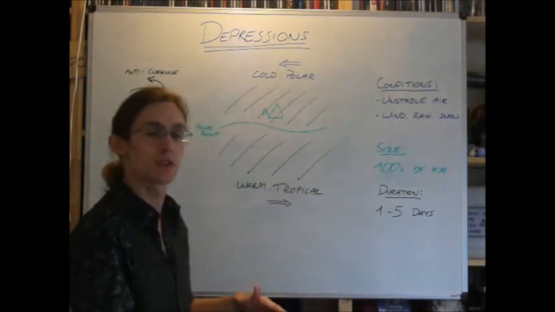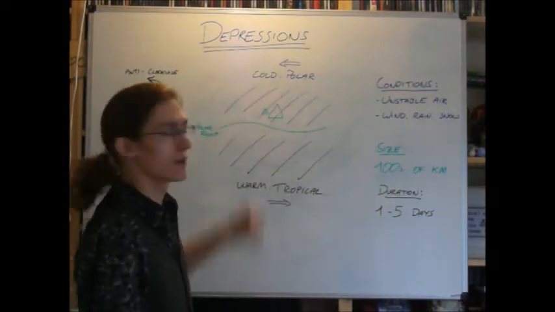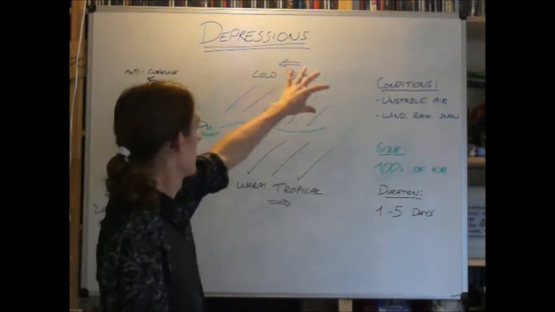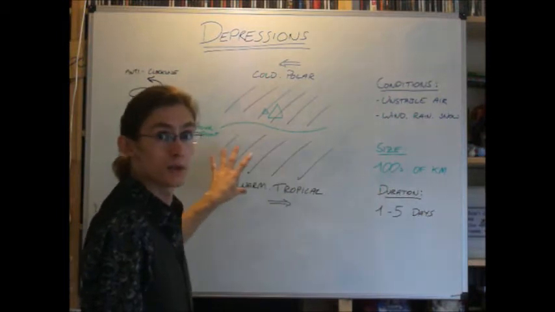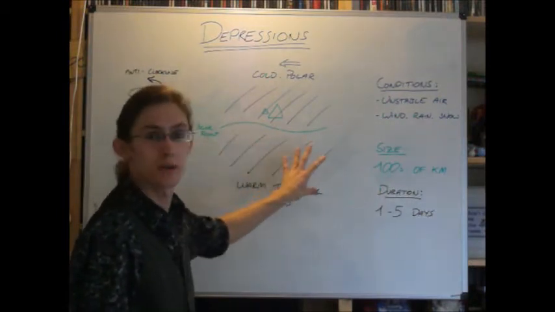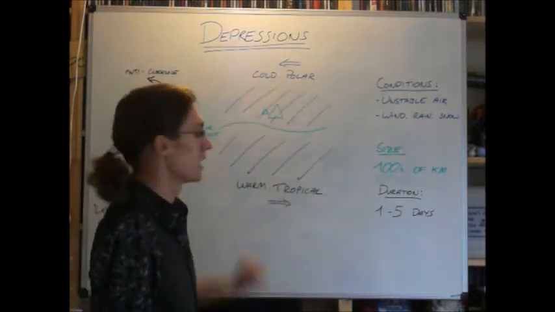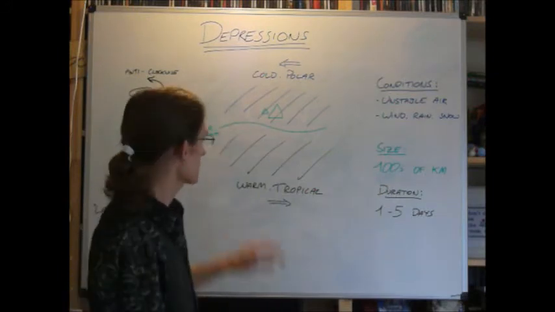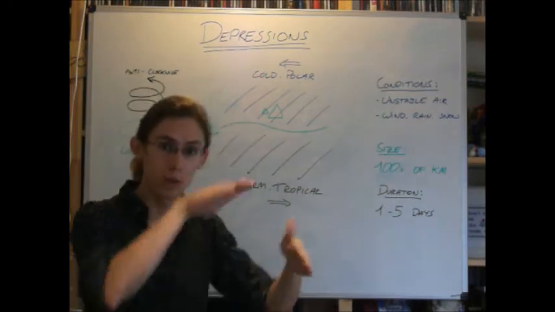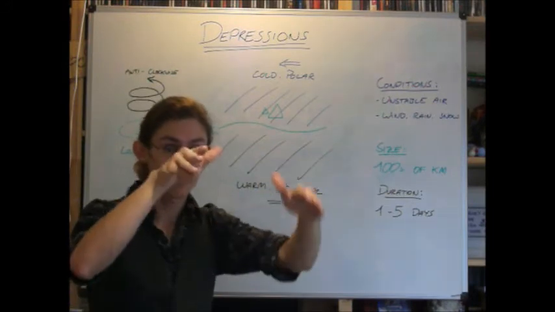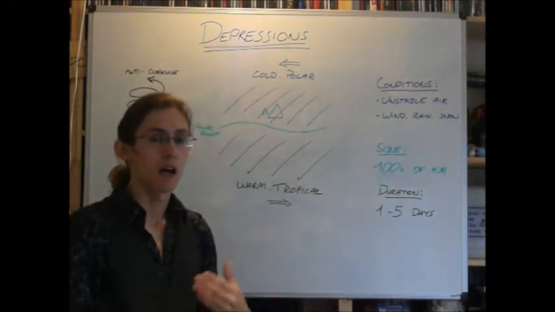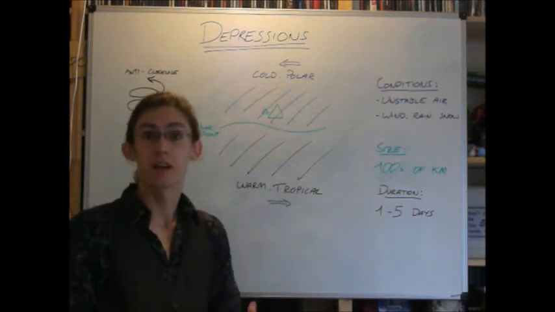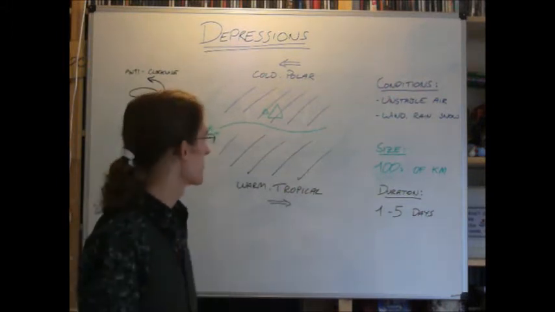It's called front because it's the front side of both air masses coming together. Cold polar air moves one way, warm tropical air moves the other way. Warm tropical to the east, cold polar to the west. Now this polar front wiggles around quite a lot. It's quite unstable. It keeps shifting around, and that is essentially the guide for all the weather that we get.